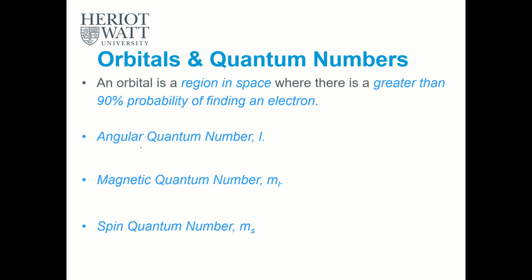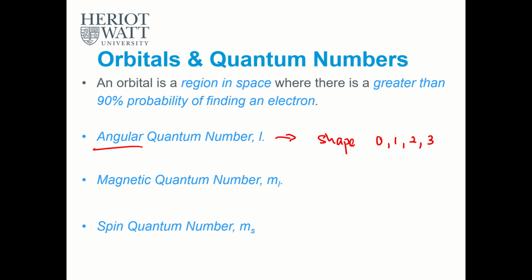So the first one is the angular quantum number. Now what is that? The angular quantum number defines the shape of each orbital, the shape of each region or space. And we have a total of 4 shapes. Usually they put it as 0, 1, 2, 3.